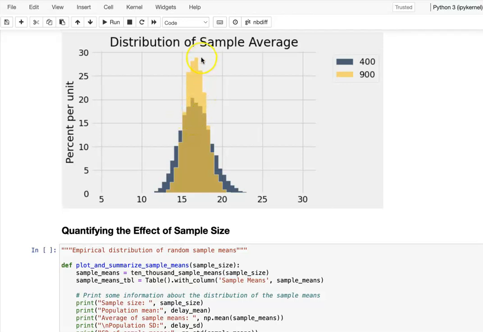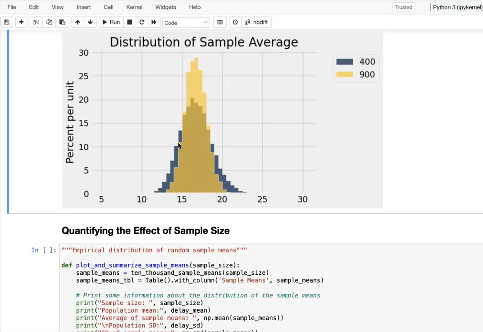The centers are very similar, but for the bigger sample size, there will be a narrower interval. Their standard deviation may be closer to the center, right? If you see the 400, we got the steep part, then we smooth out, and here is the point of inflection. So we have some idea, right?